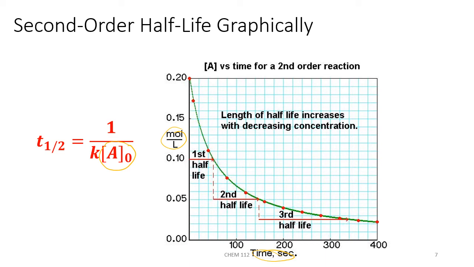Whereas for second order, if we start with 0.2 molar and drop down to 0.1 molar, that would represent half of it going away, so your first half-life is relatively short. And then going from 0.1 molar down to 0.05 molar, now if you look at the number of seconds or the length of this line, it's gotten longer, the half-life has increased. Going from 0.05 molar down to 0.025 molar, you can see that the half-life has grown even longer. It takes longer and longer for half of it to go away as it decomposes for a second order equation.